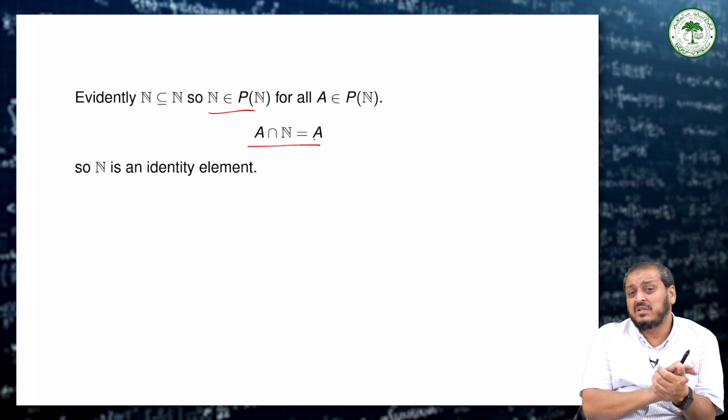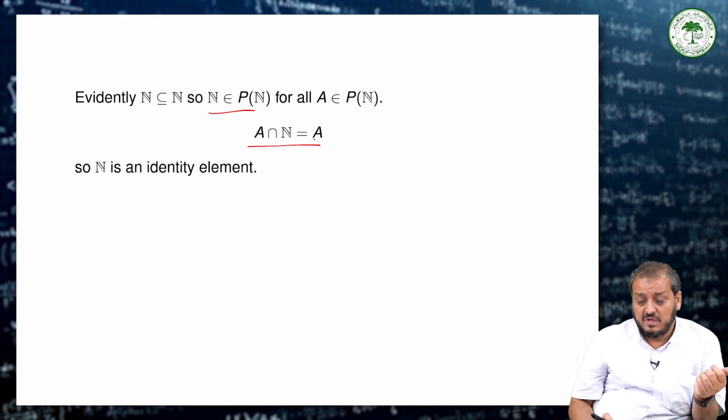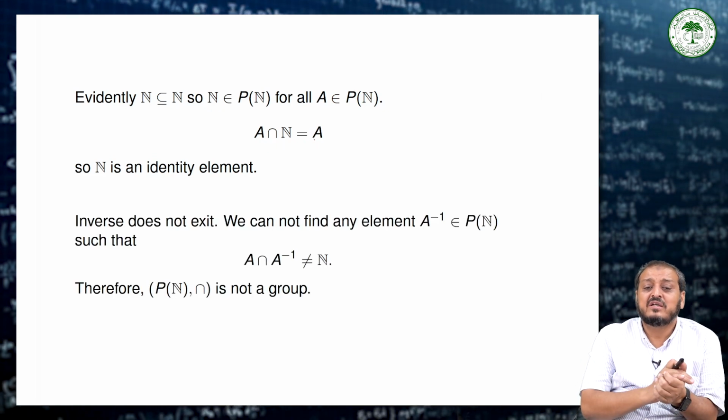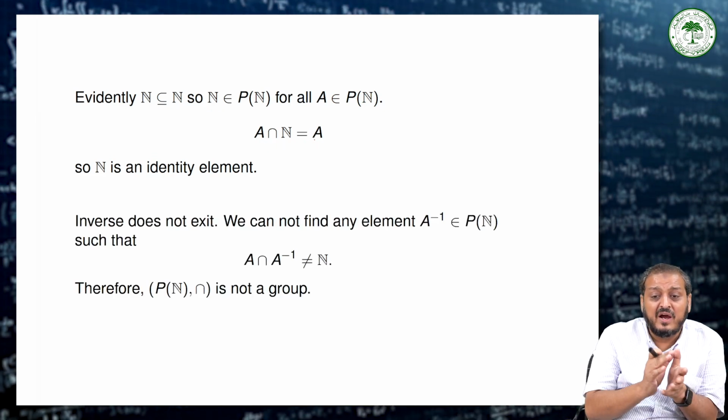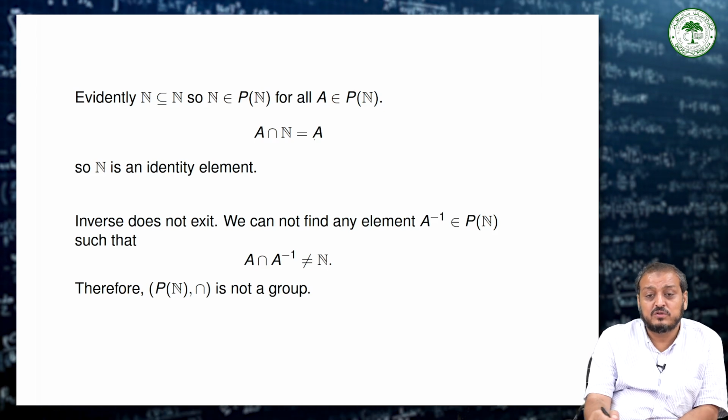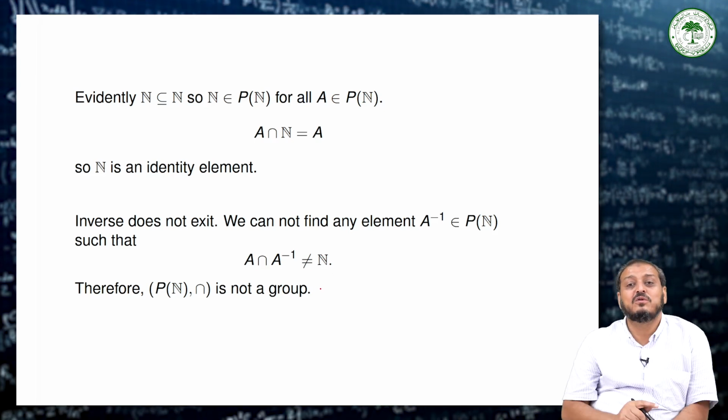Now, what about the inverse? Again, the inverse does not exist in this case. We cannot find any element A inverse such that the intersection gives the whole set.